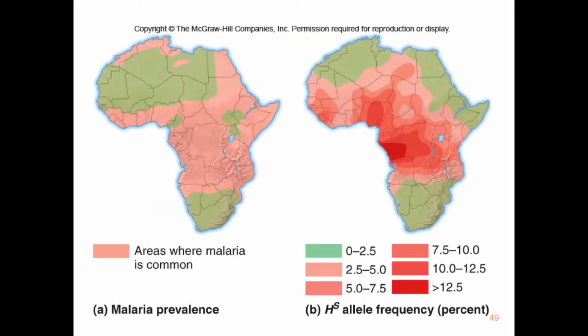You can see that the frequency of the sickle cell allele maps almost perfectly with the frequency of malaria in Africa. In areas where there is no malaria, we basically have directional selection, which is removing the sickle cell allele from the population. In areas where there is malaria, we find that we have overdominance. We have selection that is maintaining the allele in the population.